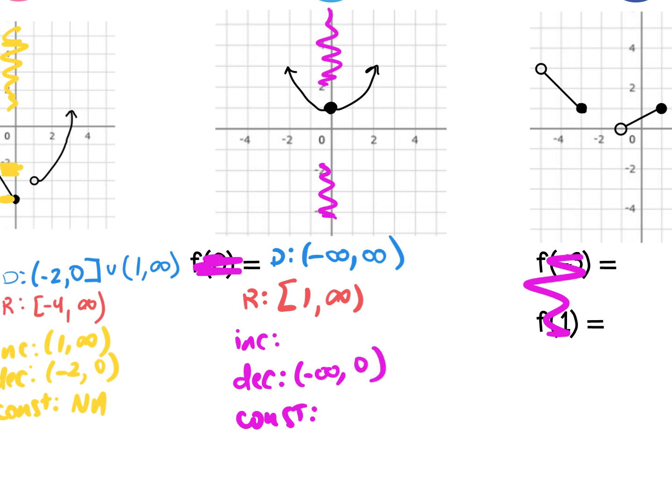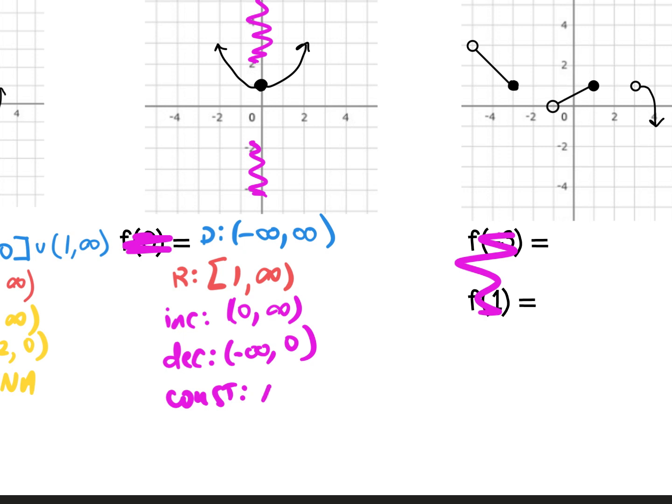That's why I tell you guys cross it off. I know that's the hardest part on increase, decrease, constant. I don't care how high or low it goes. I want to know over the interval for which it's happening. So what happens then from 0 to infinity? It's increasing from 0 to infinity. Is there an interval of constant? No. No, that's just the turning point.